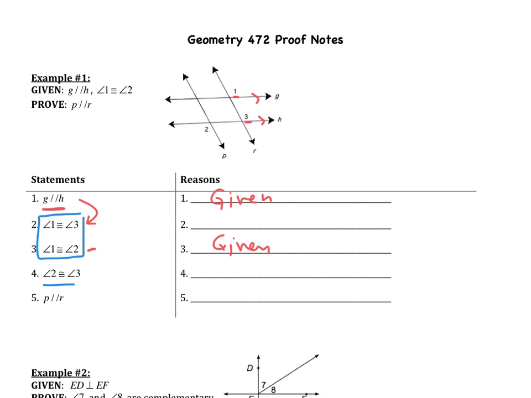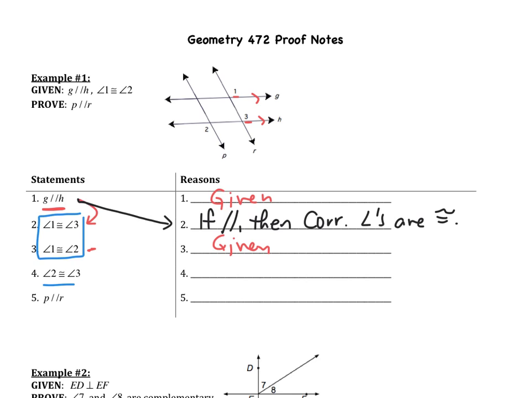So what would be the reason for number 2? Hint, hint, hint. I keep talking about this idea of the diagonal method. If parallel, which we've already said that they are parallel in line 1, then corresponding angles are congruent.